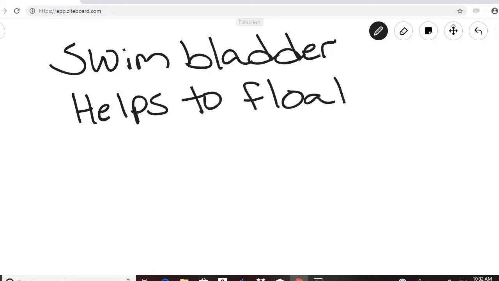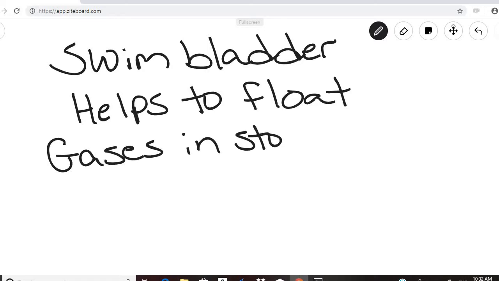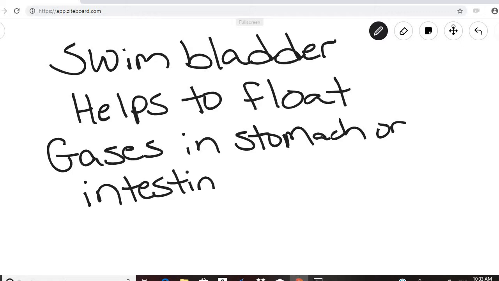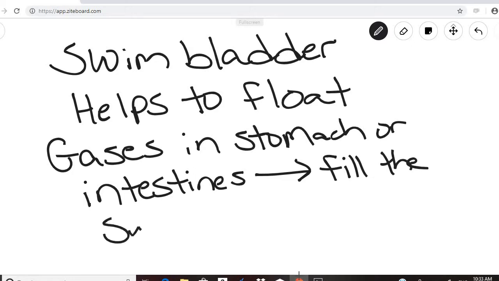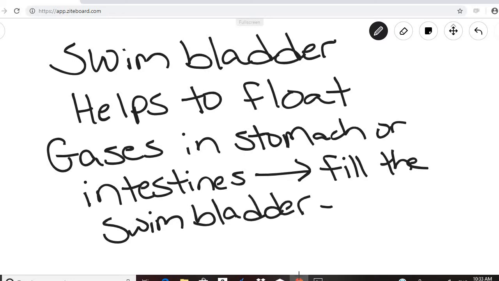And what they do is they take gases that are formed in the digestive system, so gases that are formed in the stomach or intestines, can fill the swim bladder, so it's basically like an inner tube to help them stay afloat.